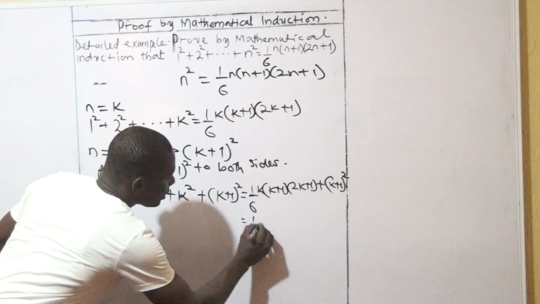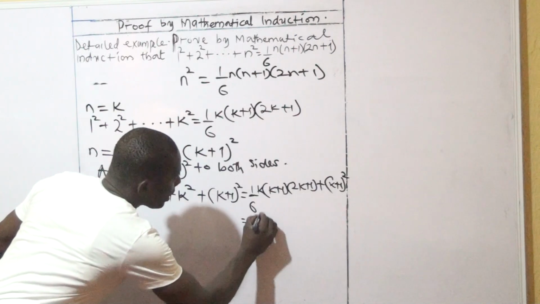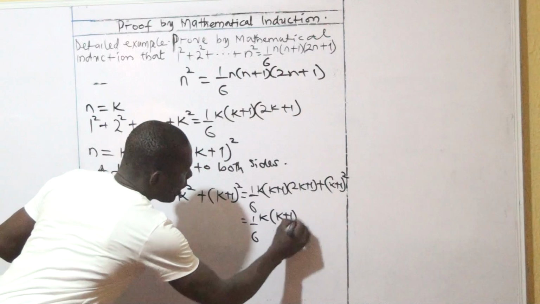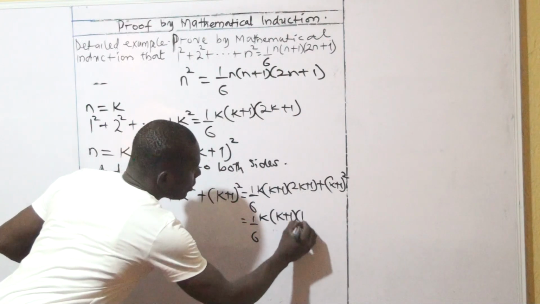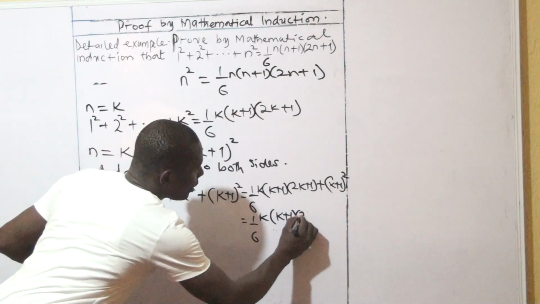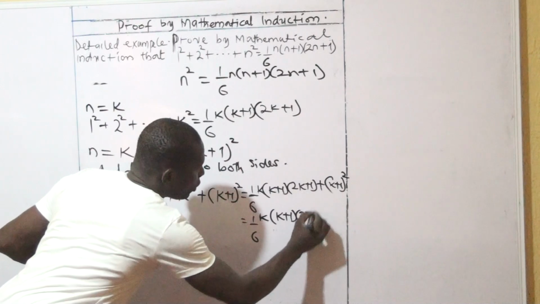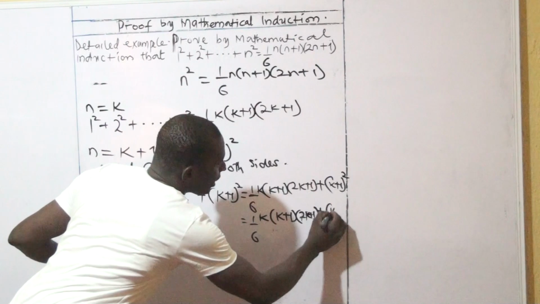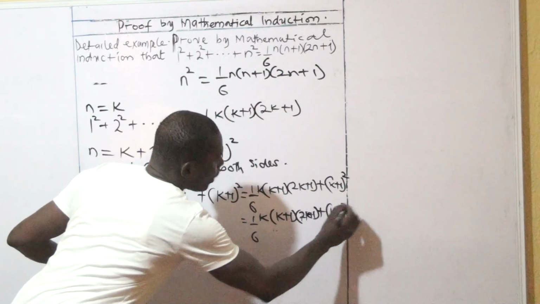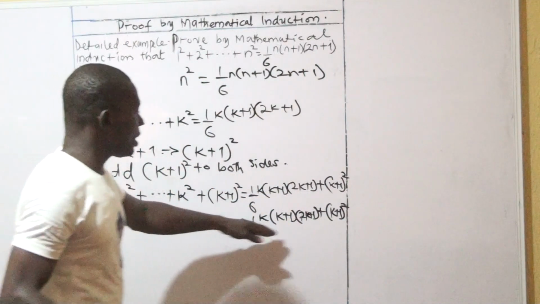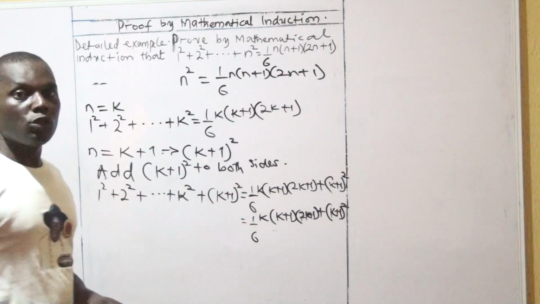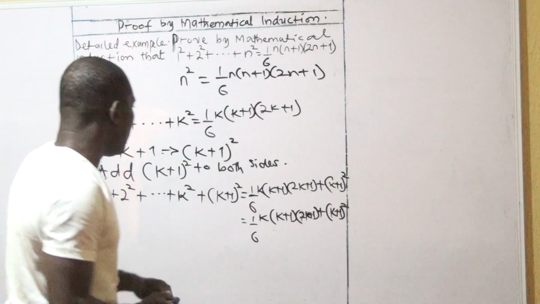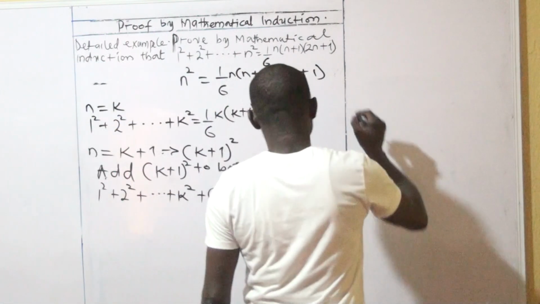This is 1 over 6, k, open bracket k plus 1, open bracket 2k plus 1, close bracket, plus k plus 1 all square. For us to simplify this term clearly, let me quickly put it here so that we can see it very clearly.